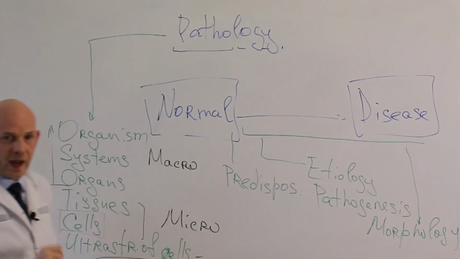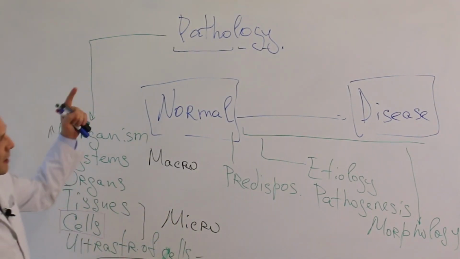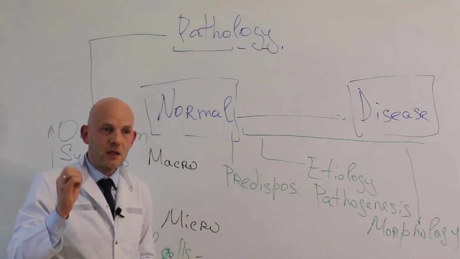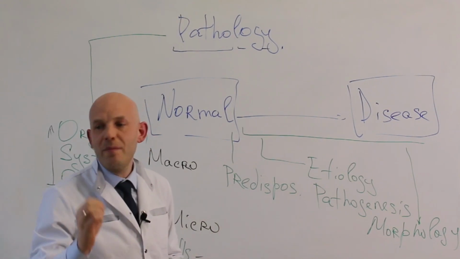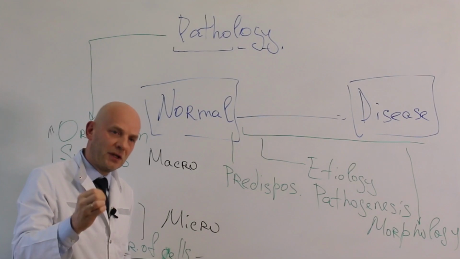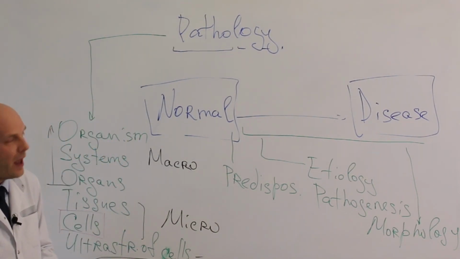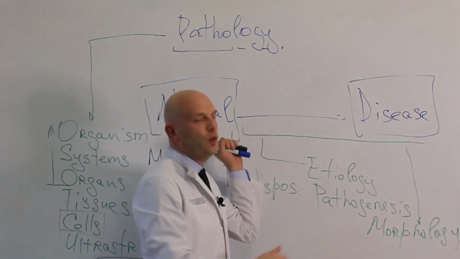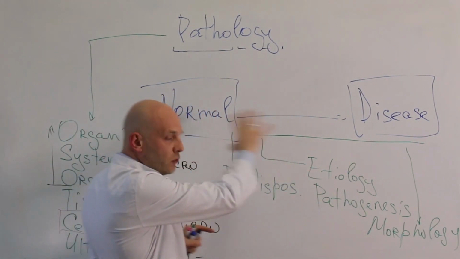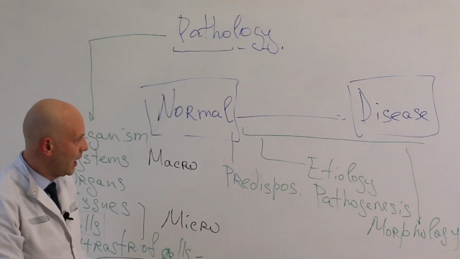Just a short recap of what I said just now. The pathology is the basic thing for medical education. It is the study of the pathological states and the disease, everything that happens during the transition from the normal state to the disorders.